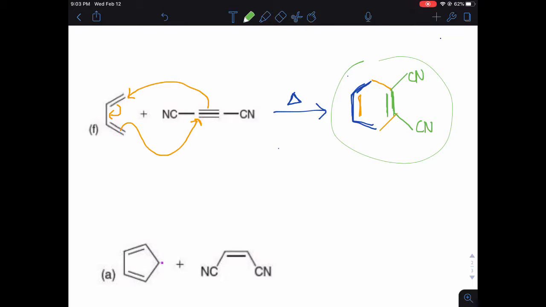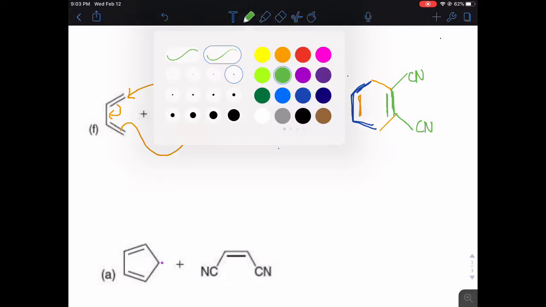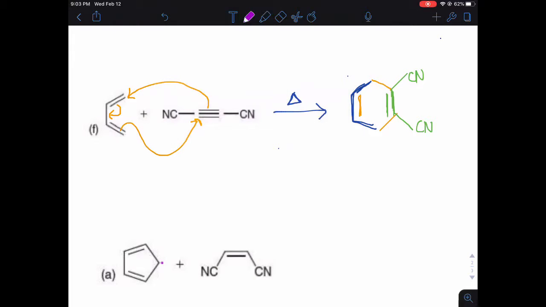Okay, in order to make sure that you're doing this right, you may also want to count how many carbons you started with and how many carbons you're ending with. So we already know from here we have 4 carbons, 1, 2, 3, 4, and then from here we have 1, 2, 3, 4, right?